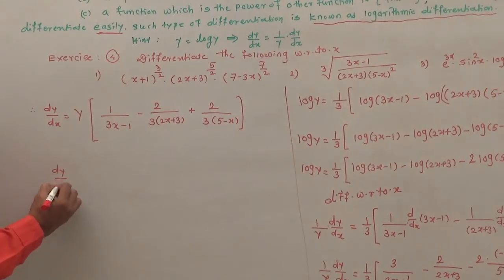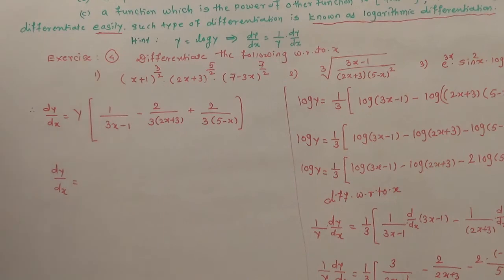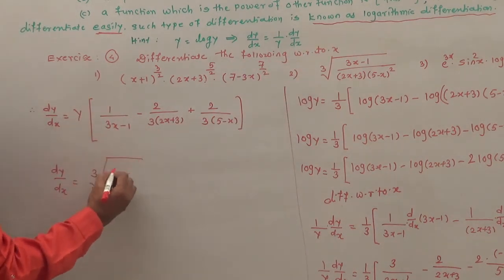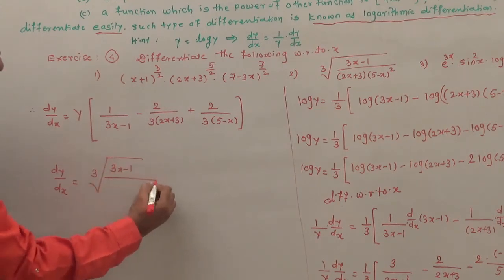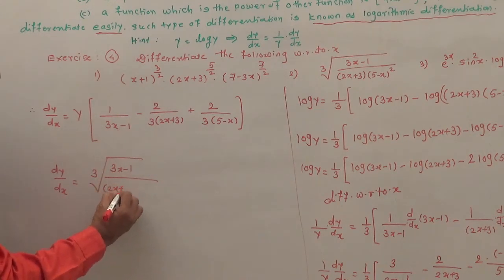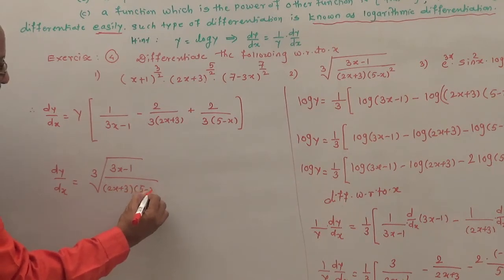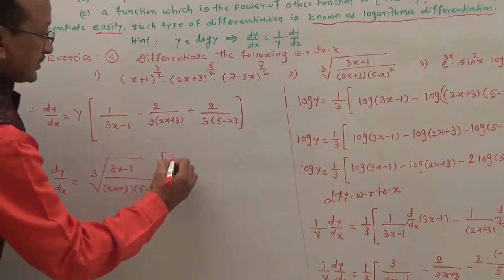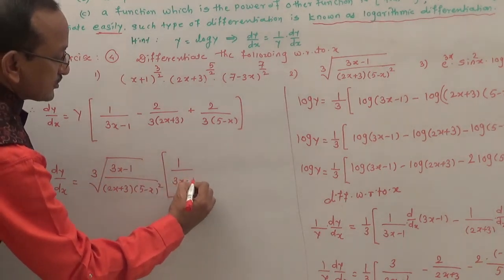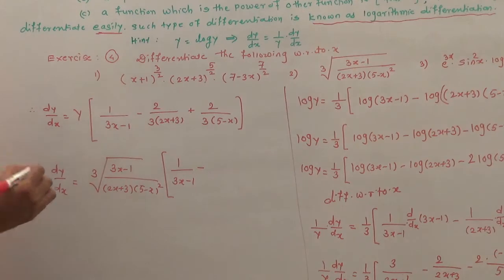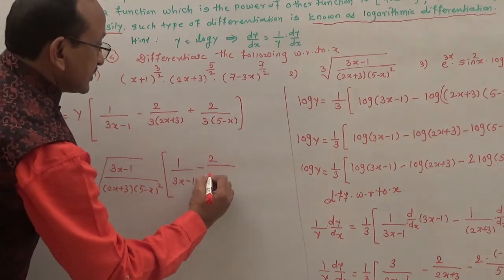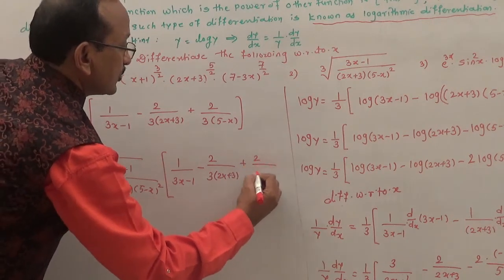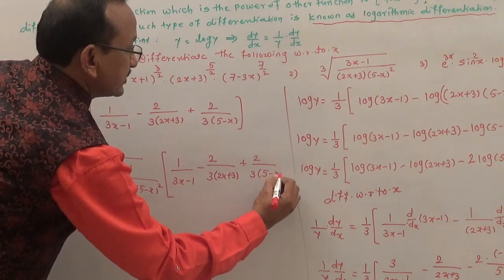So dy by dx is equal to y. What is the value of y? Cube root of (3x minus 1) upon (2x plus 3) into (5 minus x) square, into bracket 1 upon (3x minus 1) minus 2 upon 3 times (2x plus 3) plus 2 upon 3 times (5 minus x).